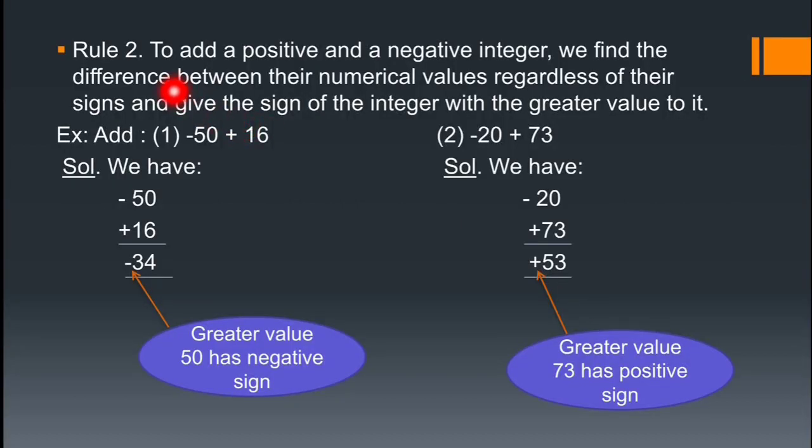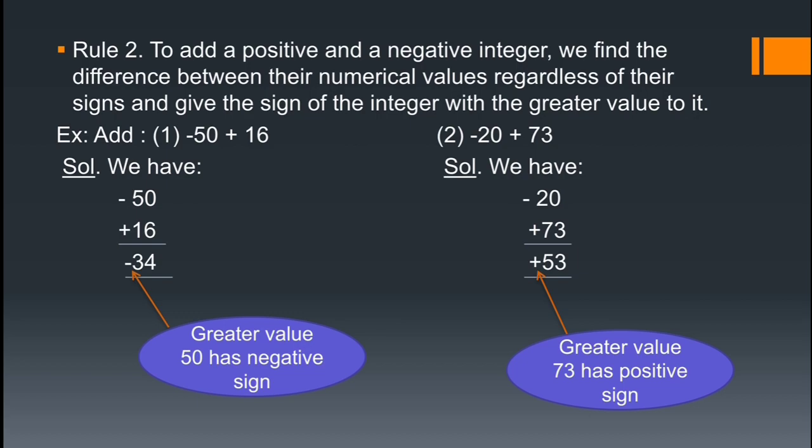Rule 2. To add a positive and a negative integer, we find the difference between the numerical values regardless of their signs and give the sign of the integer with the greater value to it. It means that if we are given two integers which have opposite signs, meaning one has a positive sign and the other has a negative sign, then we just take the difference of their numerical values.